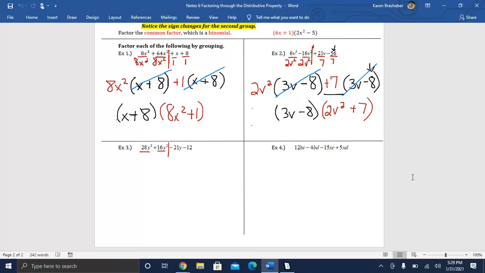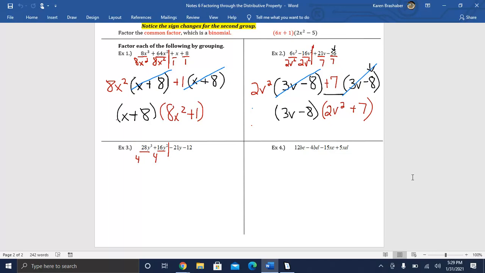Now, 16 will divide by 8, but 28 will not. So I'll move on to 7. 28 will divide by 7, but 16 will not. So I keep going. 6, 5, and 4. And finally, 4 is a number that will divide into 28 and 16.